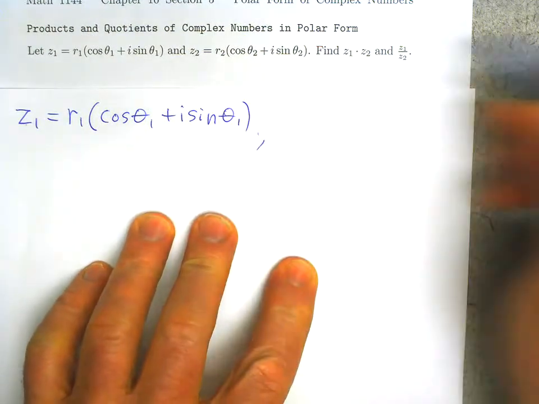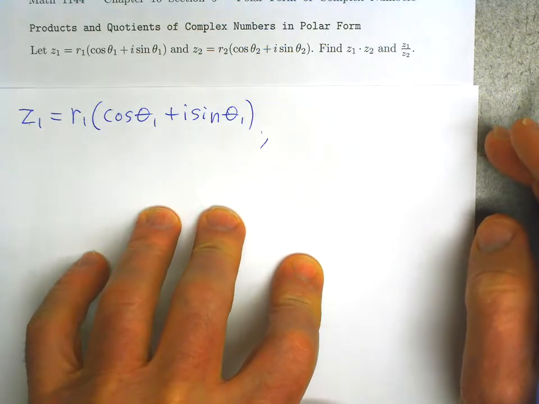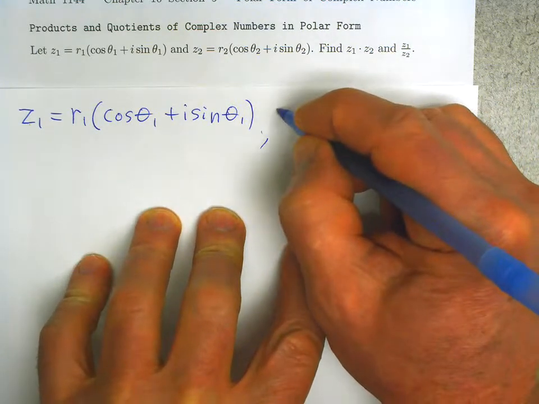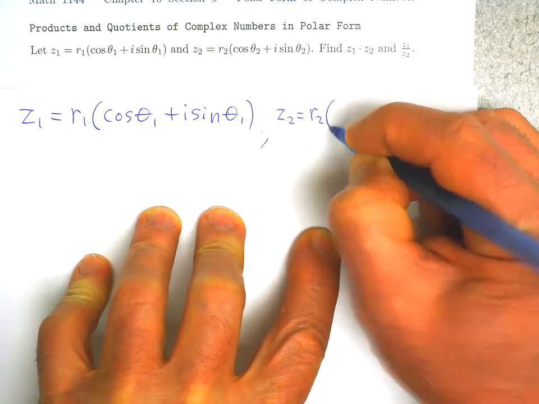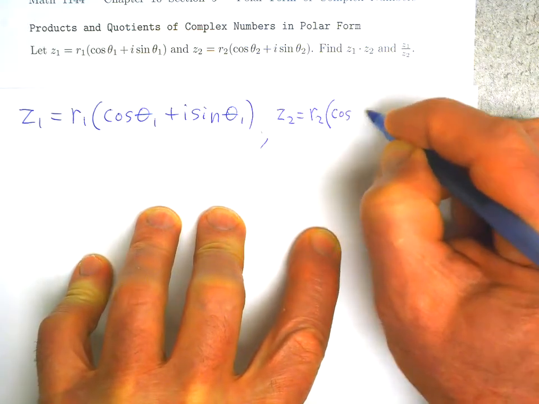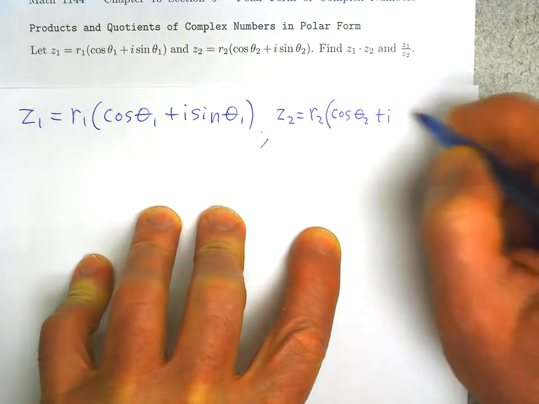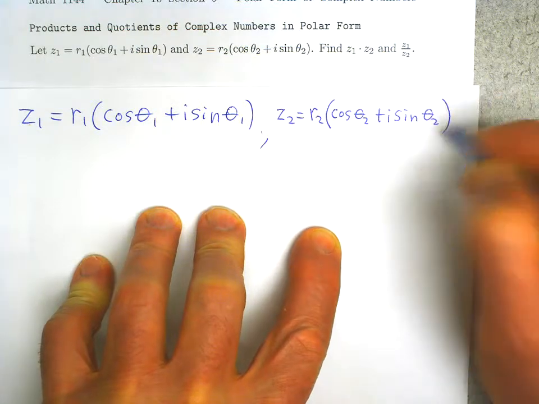So z1 is r1 times the quantity cosine of theta 1 plus i times sine of theta 1. And z2 is r2 times cosine of theta sub 2 plus i times sine of theta sub 2.